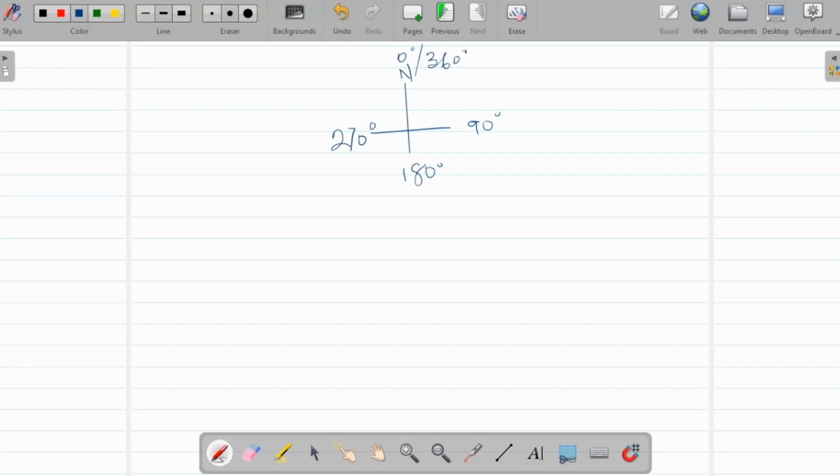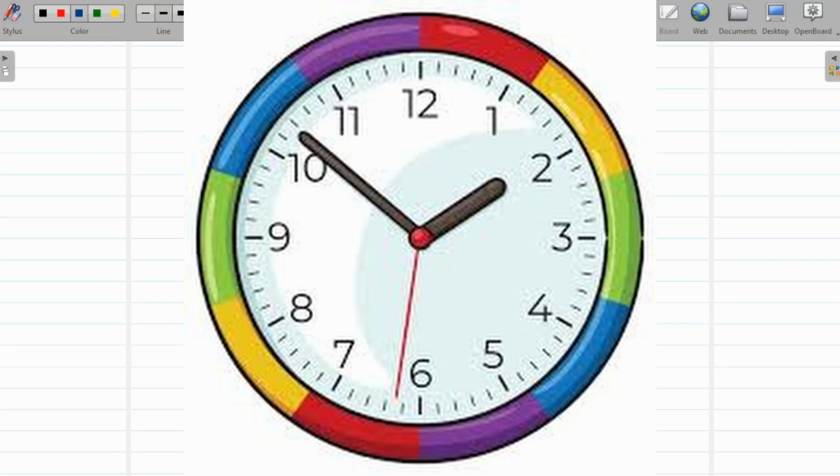So we are saying that a bearing is always measured from the north. To measure a bearing, or to measure the angle, we always start from the north. The north takes the 0 degrees, and then we measure it clockwise, as the clock moves. You cannot do it the other way.